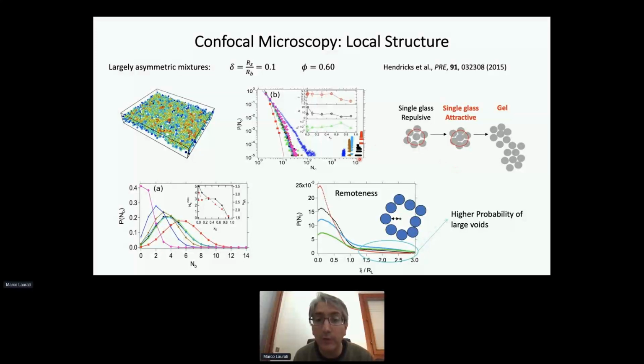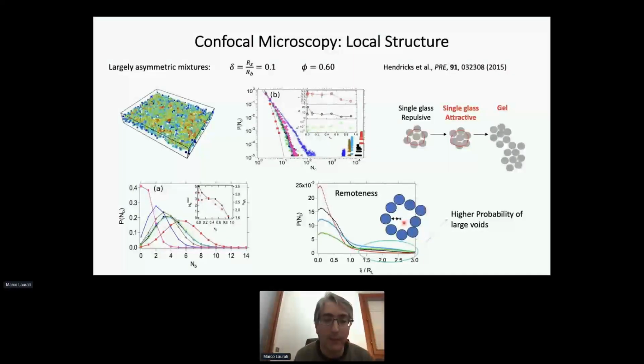And we could also characterize the presence of heterogeneity in these gels by calculating functions which determine a heterogeneity parameter, like for example this remoteness, which is essentially a way of calculating the size of voids from the average distance of points in the void from the surrounding particles.